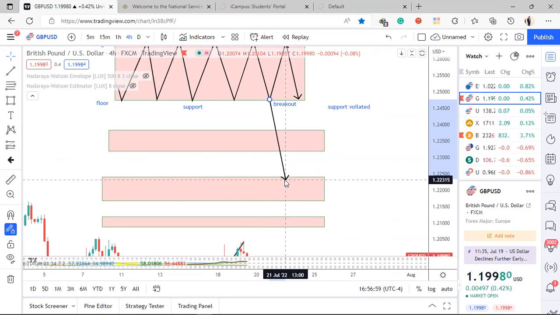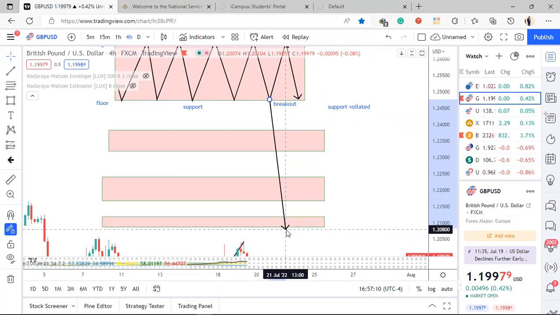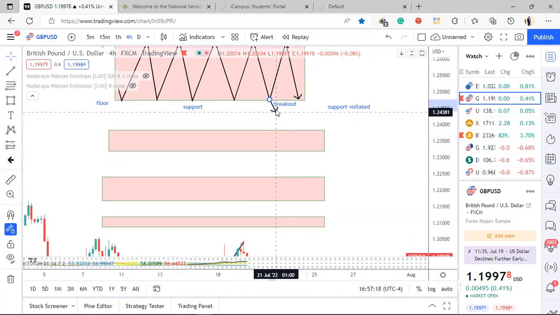If the second floor is not strong, you break through the second floor and come to the next floor. You'll be breaking through the floors until you see a strong floor that will hold you. But the ideal situation is that the moment you break from this floor, we are targeting the next floor to be where you land.